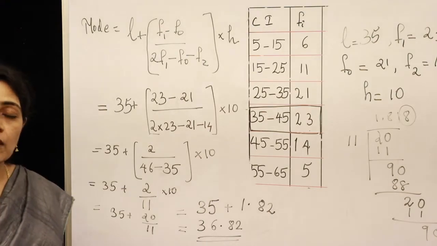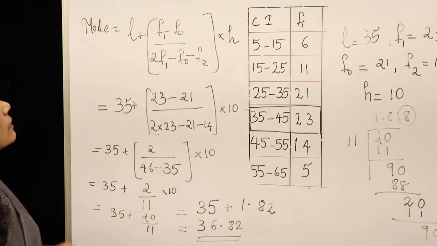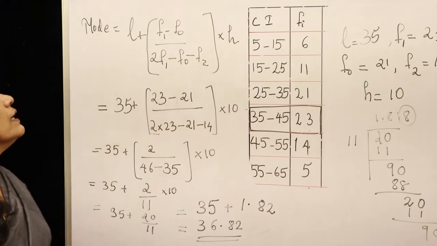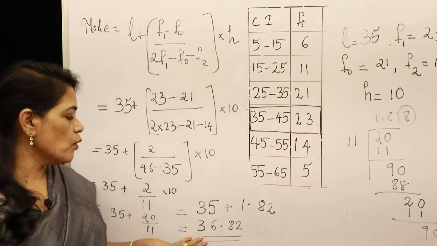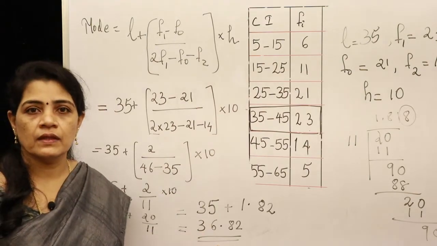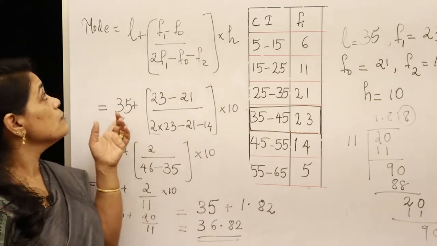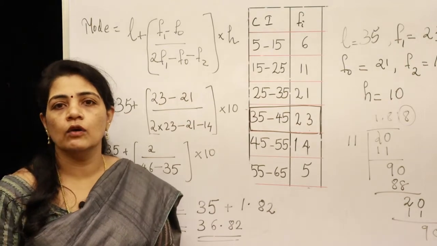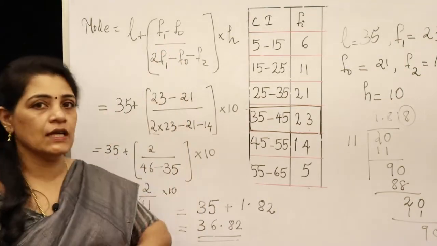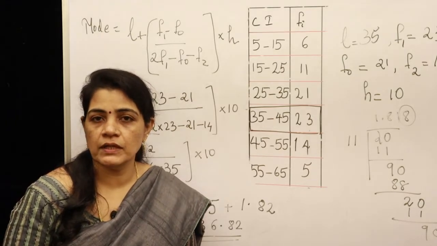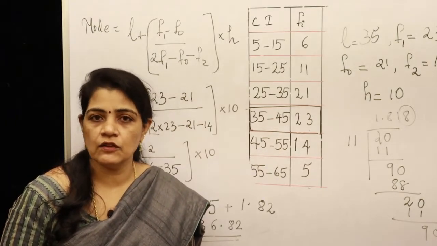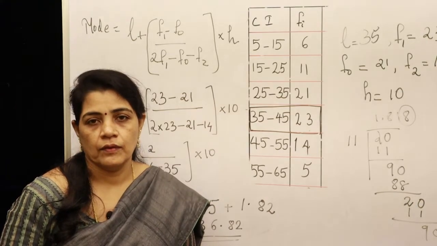And what we have seen is that x bar, that is the arithmetic mean, is 35.375. Here mode is 36.82. The mean, 35.375, means that the average age of patients admitted in that hospital is 35.375.